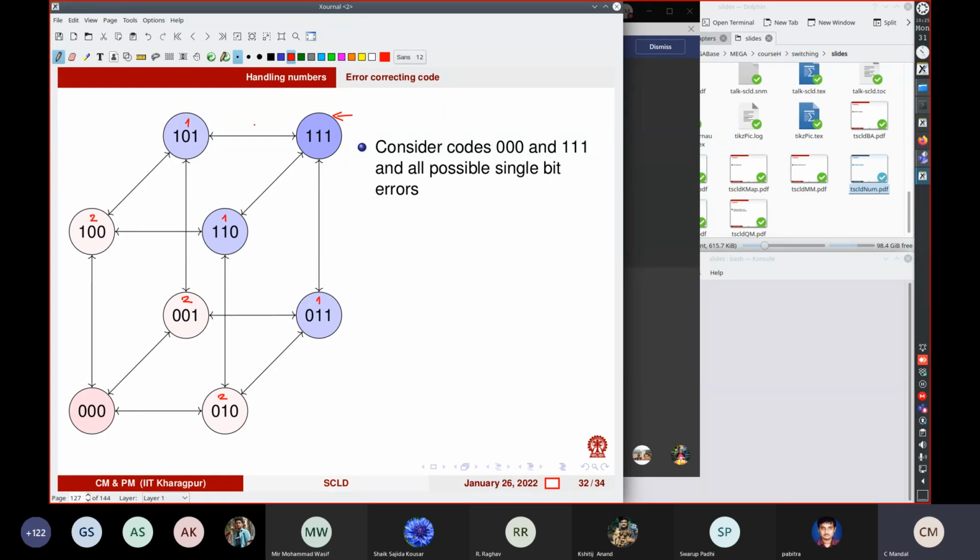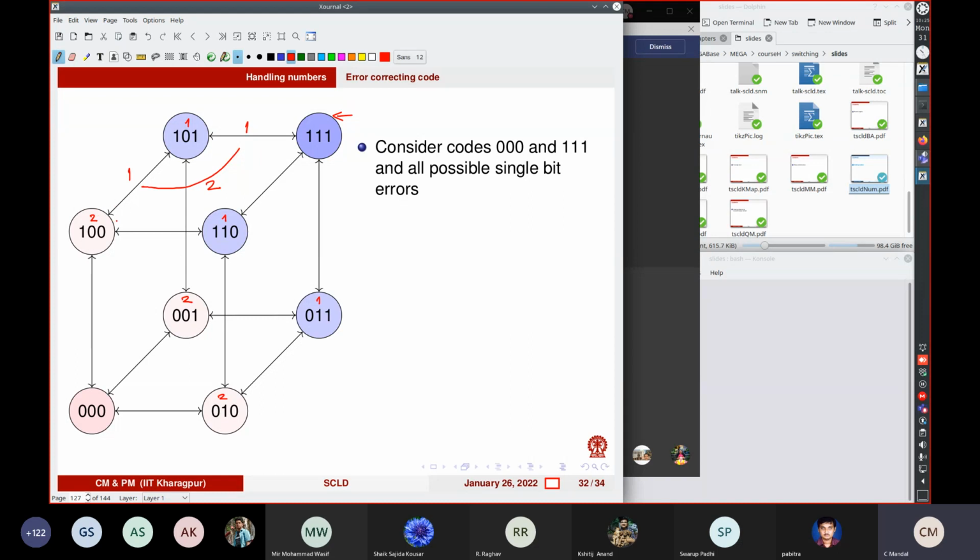So you have a distance of 2 here. All of these are at a distance of 2.